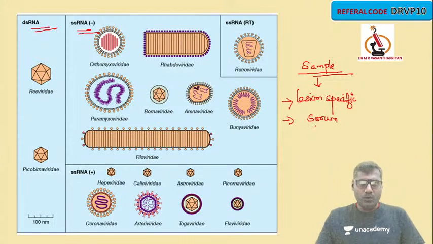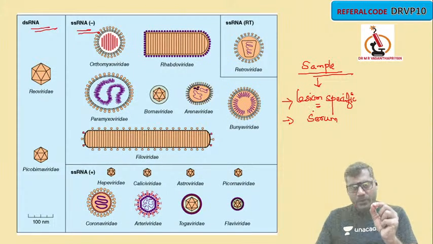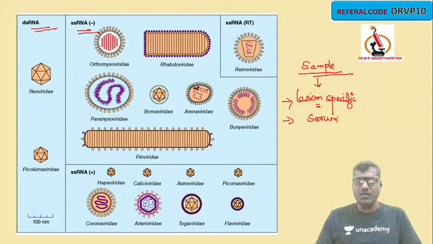Very simple. Take the current outbreak of COVID-19 coronavirus. We collect a lesion specific sample, that means we collect the nasopharyngeal or oropharyngeal sample. Directly we are collecting the virus present in the particular host cell. We call it lesion specific.